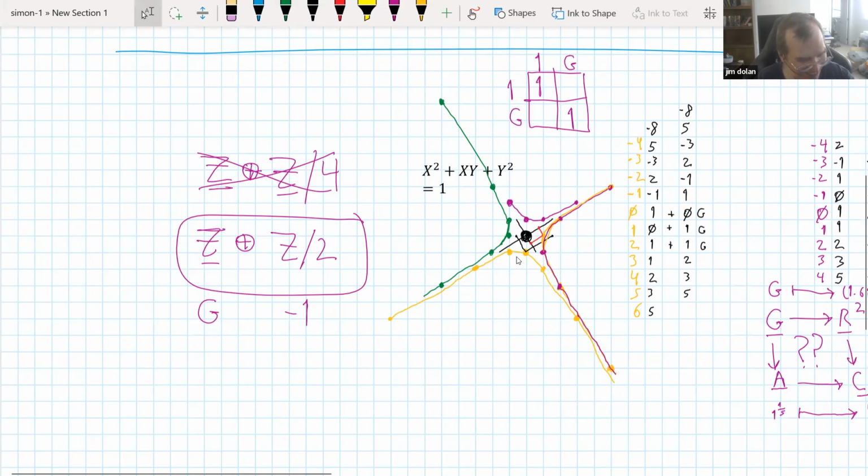Let me try to act this out a little bit. So again, here is the golden ratio. But I tried projecting it onto its numerical values. If I project it over here, that's where it takes on the value negative 0.6 something.